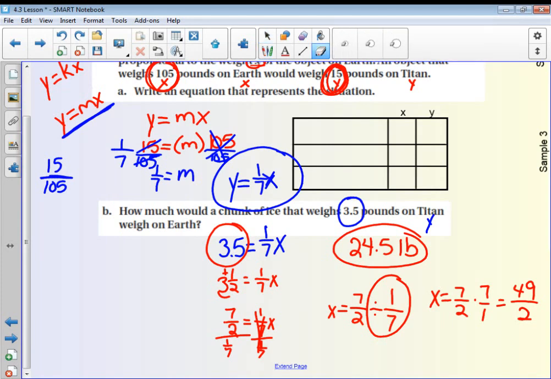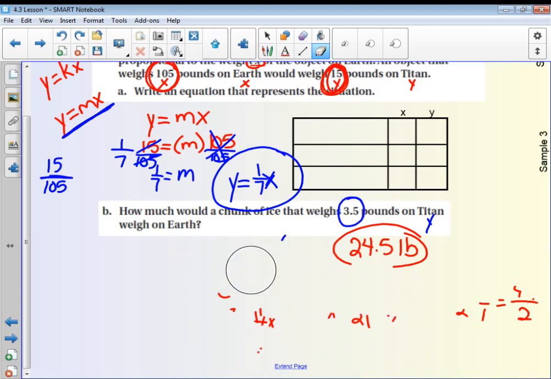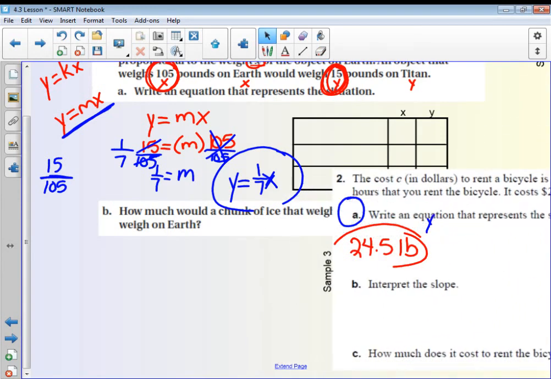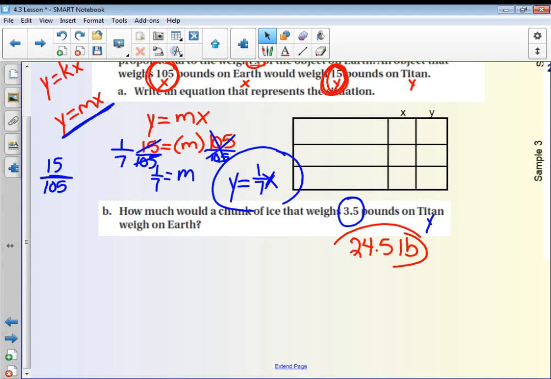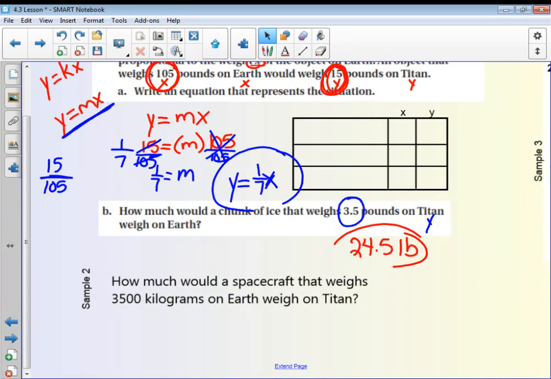Okay, so I'm going to erase this work just for now because I have another question. Okay, whoops, wrong one. Here's the other one. How much would a spacecraft that weighs 3,500 kilograms on Earth weigh on Titan?